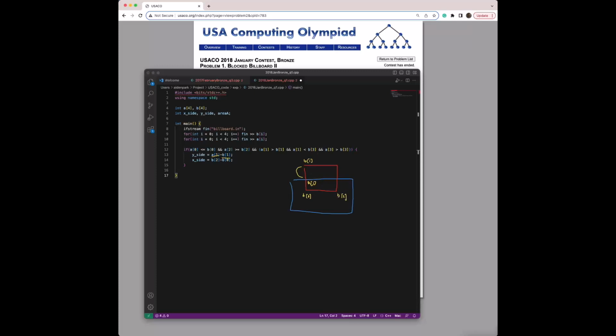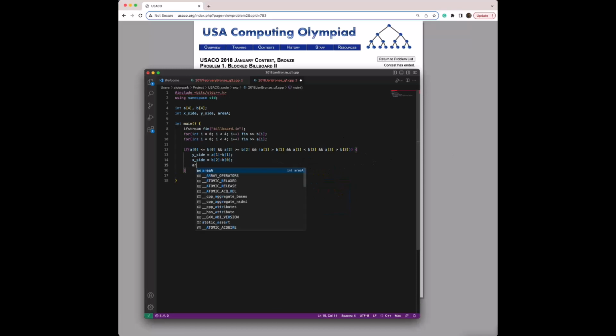Because the tarp we're going to need is just this. And then what we're going to do is just do area is equal to the y side times x.